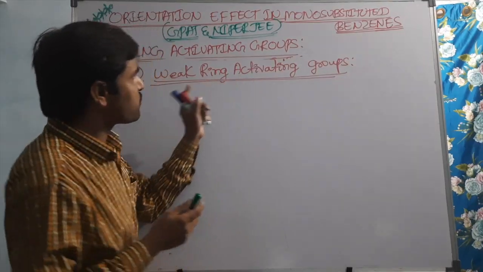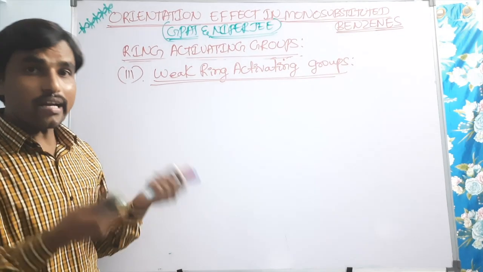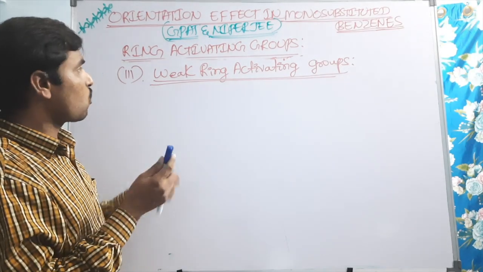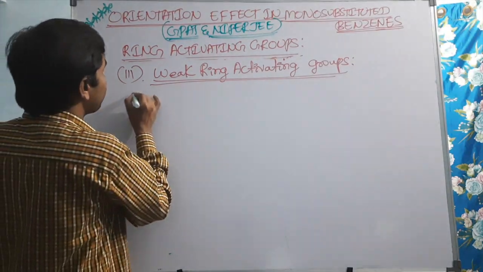The groups which weakly activate the benzene ring are called weak ring activating groups.